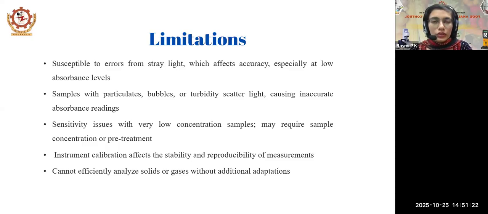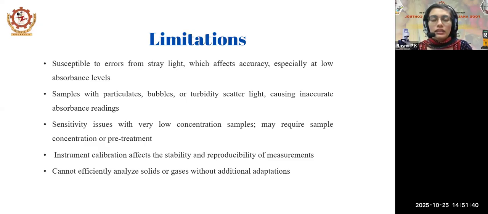And when we are doing the demonstration, or we are using the UV spectrophotometer, we have to keep the instrument on for a minimum of 20 minutes. It depends on the instrument; it ranges from 10 to 30 minutes.